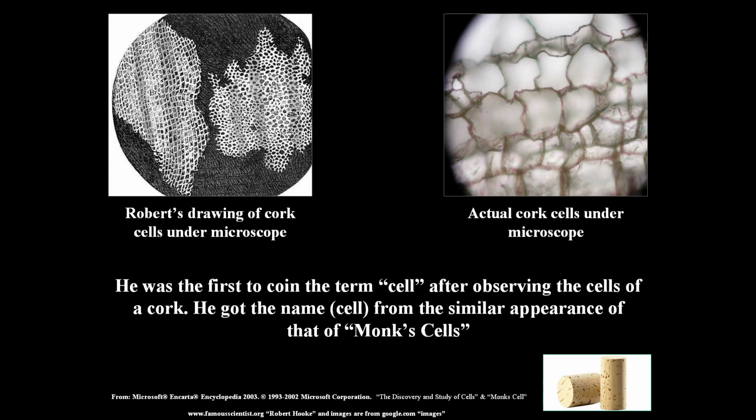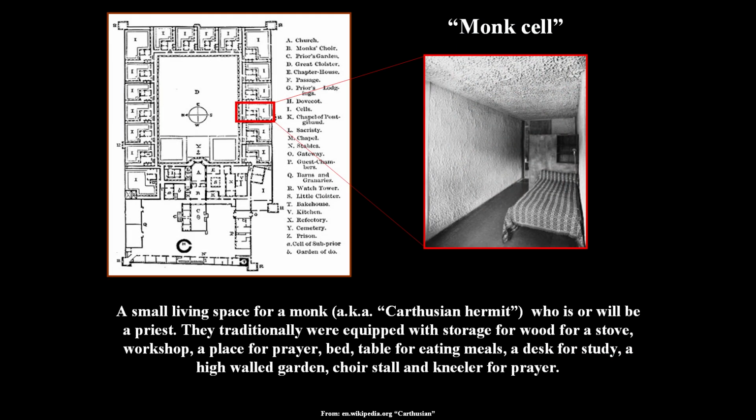He was the first to coin the term cell. After observing the cells of a cork, he got the name cell from the similar appearance to that of monk cells. If you want to know what a monk cell is, we'll just rabbit trail for a second so you'll see what that is. It's just a little tiny room, a small living space for a monk, aka a Carthusian hermit, who is or will be a priest.